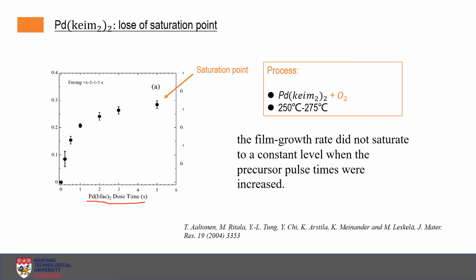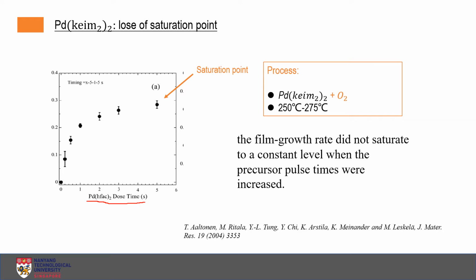Let's look at the picture on the left side. This is a typical relationship between pulse time and the growth rate. As we know in the class, during ALD process, reaction can only happen on the surface because the area of surface is limited, so reaction is also limited.